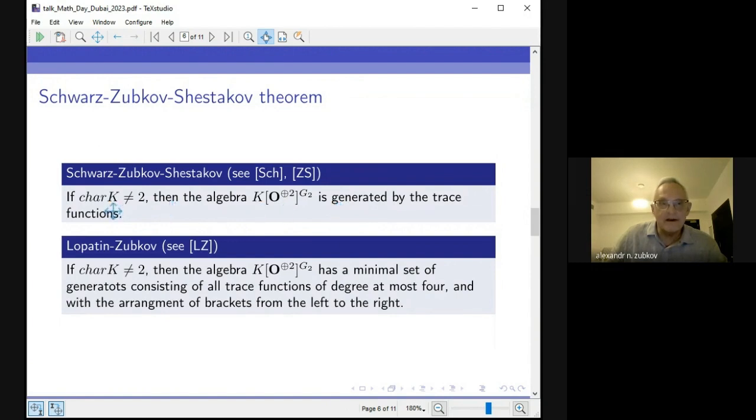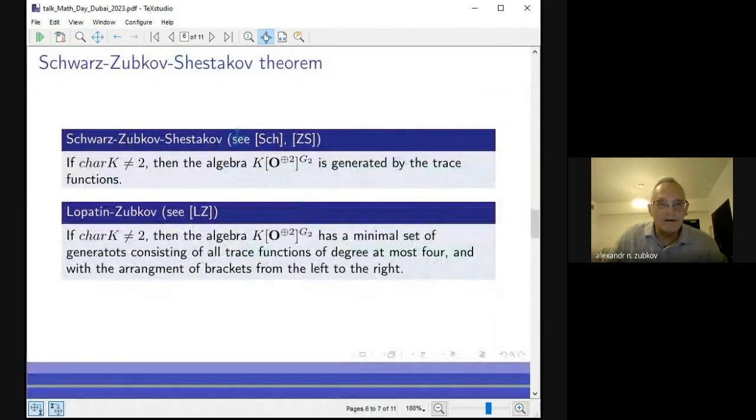But in characteristic 2, some of these exterior powers do not have good filtrations, and it is not possible to repeat the main steps of this approach.